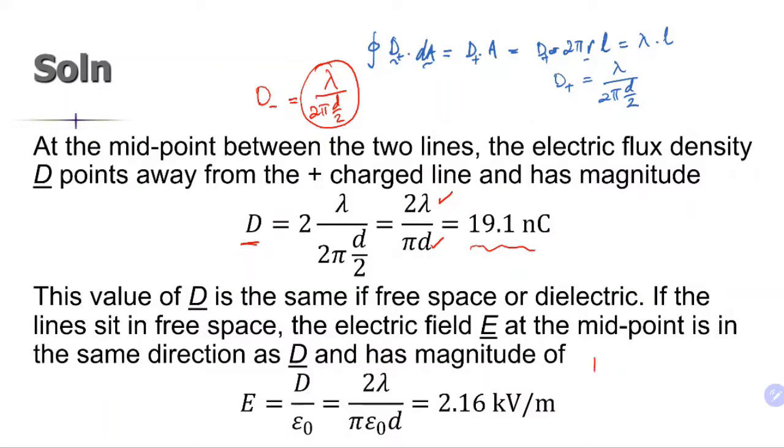We make use of the relationship D equals epsilon naught E, so that is 19.1 nano divided by epsilon naught, which is 8.854 times 10 to the minus 12 farads per meter.